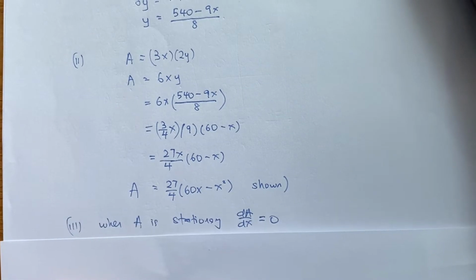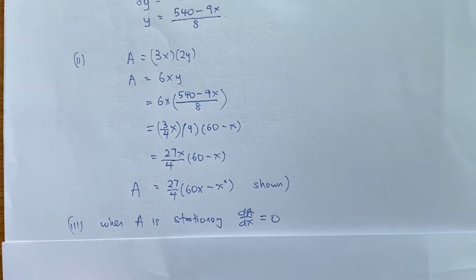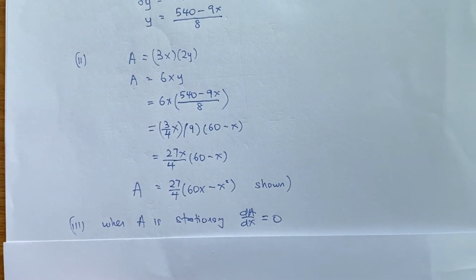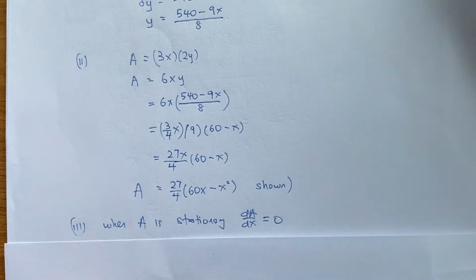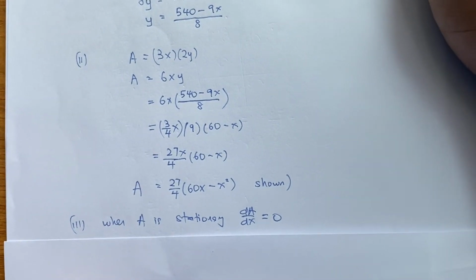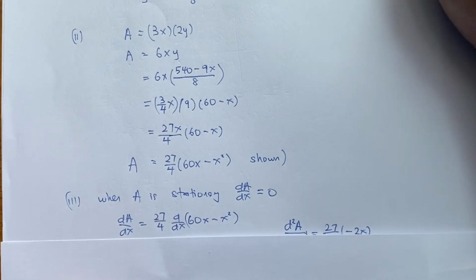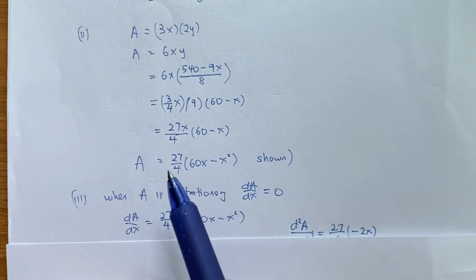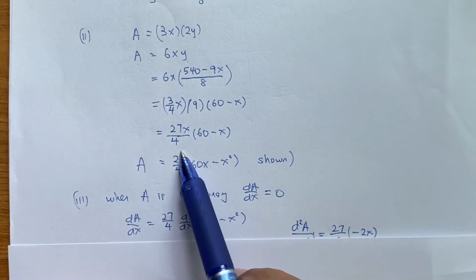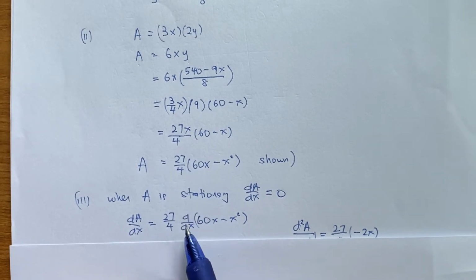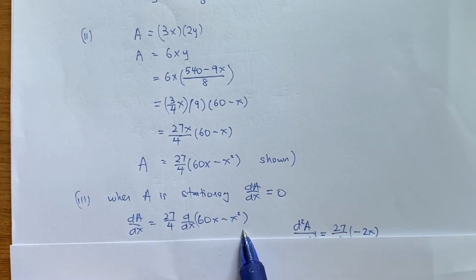Now of course we know this. When A is stationary, dA/dx must be equal to 0. So we need to find dA/dx and then set it to 0. If you take note, this is a constant multiple, so we can bring it out and differentiate here.